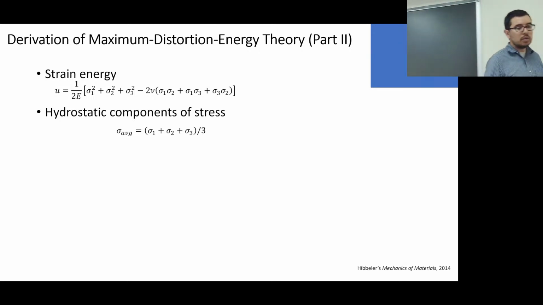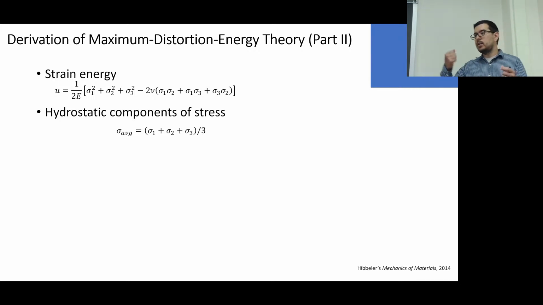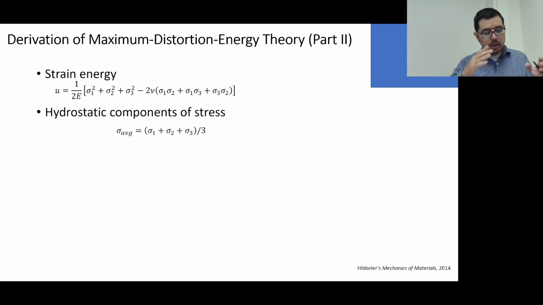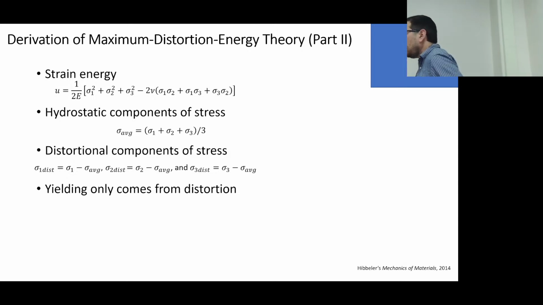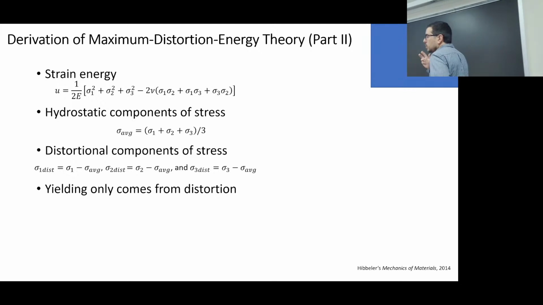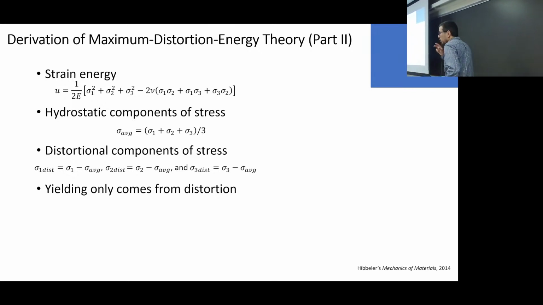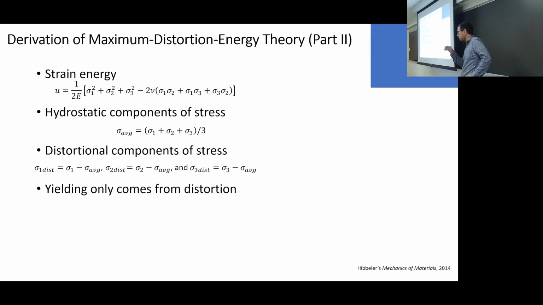We conceptualize that they all are applying this kind of average stress plus or minus something. And the distortional components of stress would be what's that plus or minus for each one of those principal stresses relative to the average?